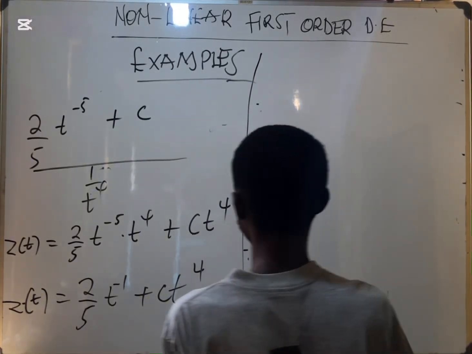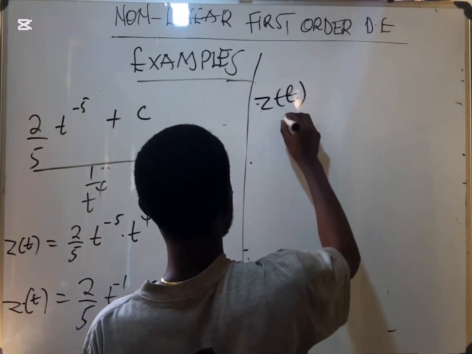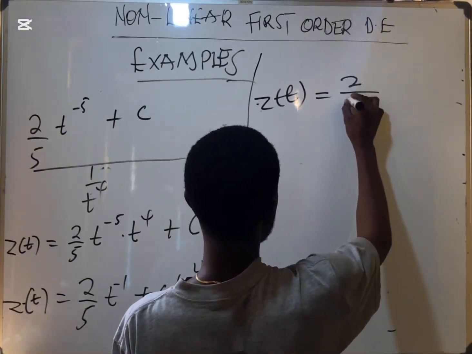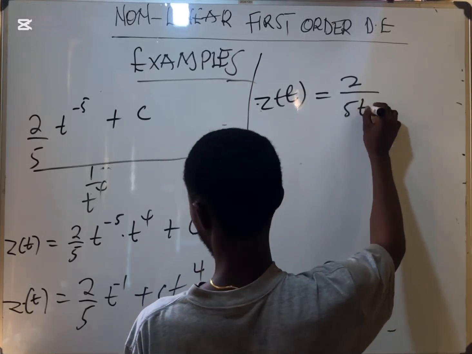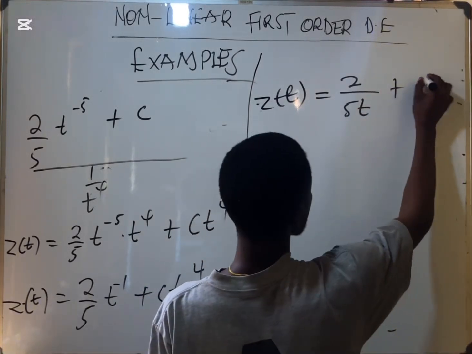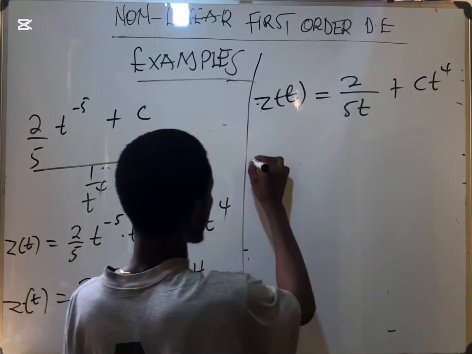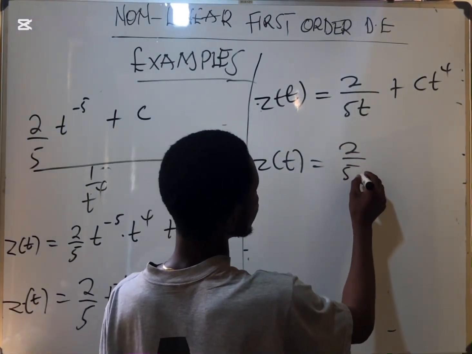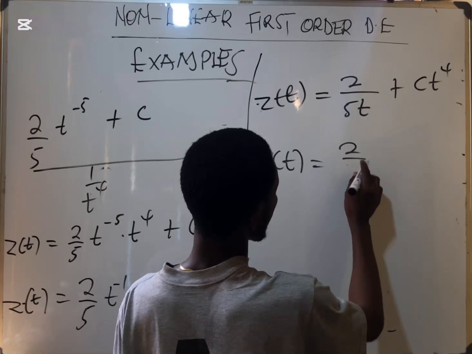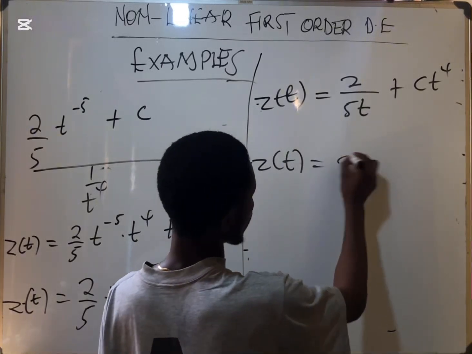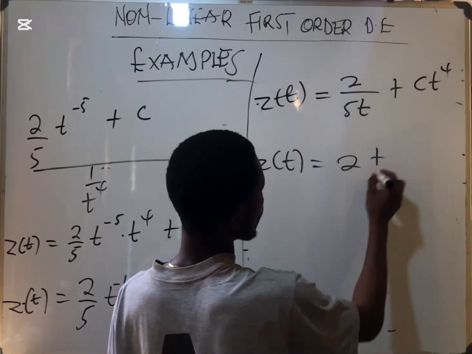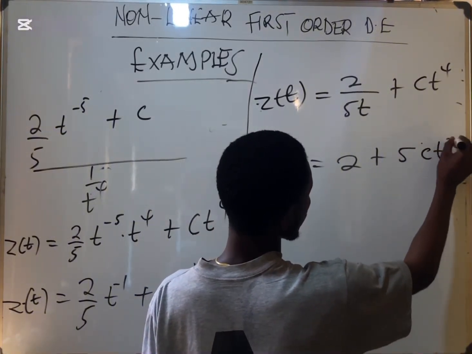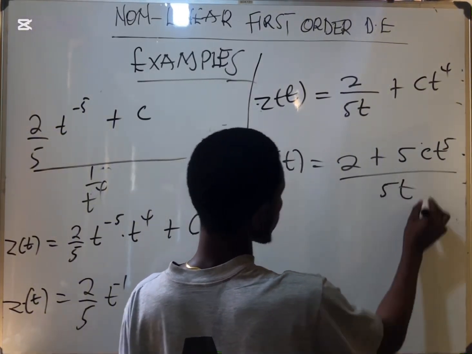So if I'm to write this one, I'm having z of t equals 2 over 5t plus ct to the power 4. If I find the LCM, which is 5t, I'm going to have 2 plus 5ct to the power 5, all divided by 5t.